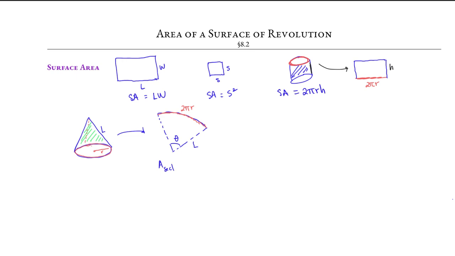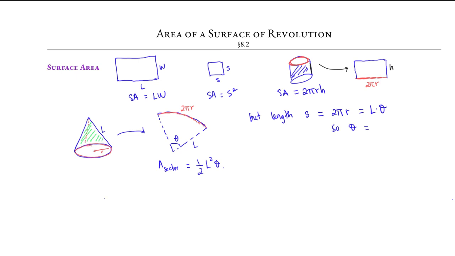The area of this sector is 1/2 the radius squared times theta in radians, but the radius is L and the angle is theta. But the length of the arc of the sector is 2 pi r. It is also computed by L times theta, the radius times the central angle.